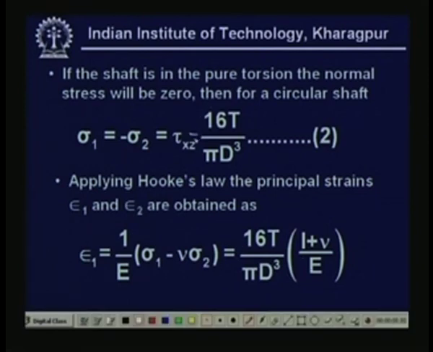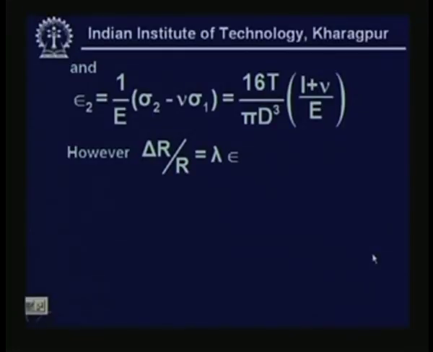Applying Hooke's law, the principal strains epsilon 1 and epsilon 2 are obtained as epsilon 1 equal to 1 by E into sigma 1 minus nu sigma 2, equal to 16 T by pi d cube into 1 plus nu divided by E, right. And epsilon 2 equal to 1 by E into sigma 2 minus nu sigma 1, equal to minus 16 T by pi d cube into 1 plus nu divided by E.